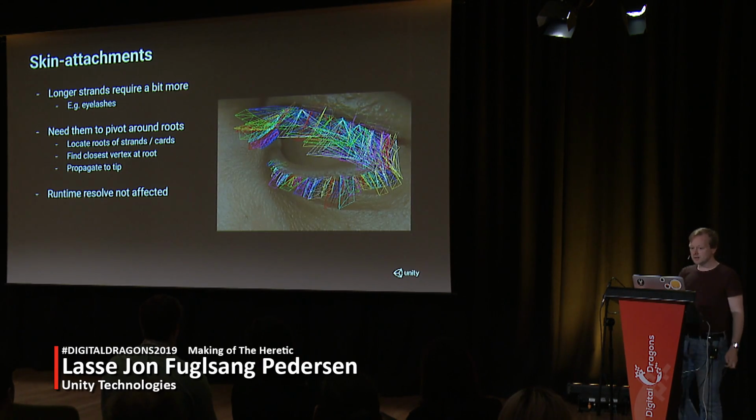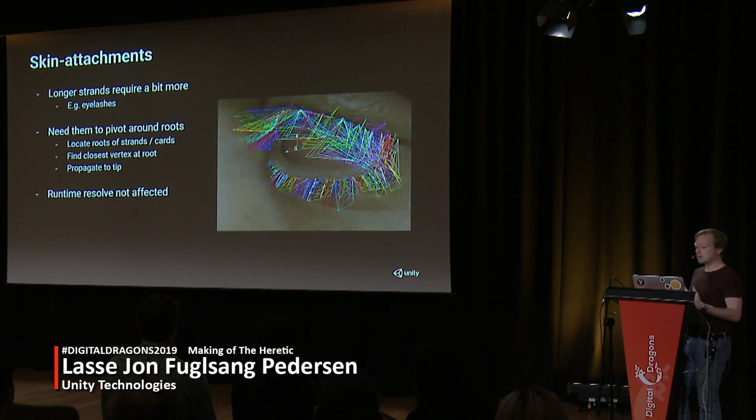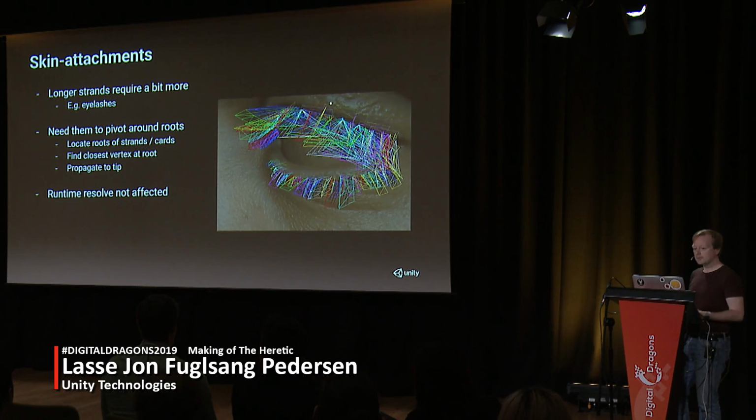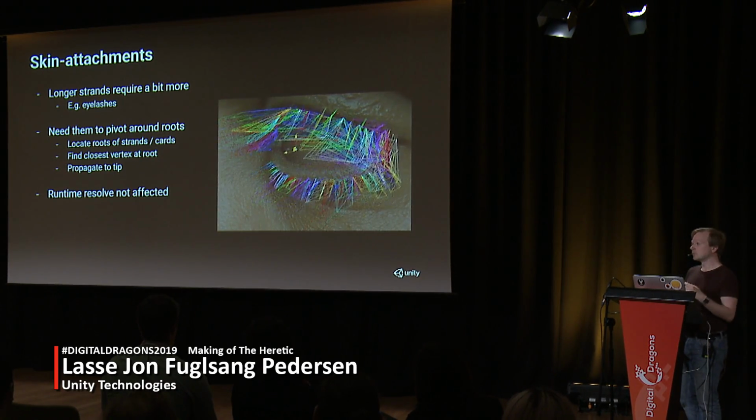Speaking about eyelashes, for this system to work, if you want to attach longer strands of hair, that requires a bit more work, because normally you would want an eyelash to pivot around the root and not just the closest vertex for every given point along the strand.